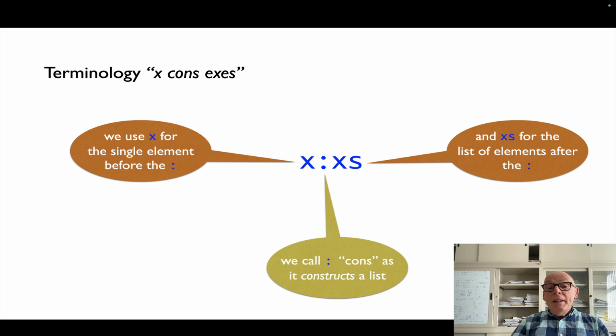So we're reminding ourselves that with an x in front, it's a single thing. With xs afterwards, it's potentially multiple things. It could be none, it could be one, but in principle it will be many things. And so typically when we write a pattern for a list like this, we'll write something like y before the cons and ys afterwards, or z and zs, and so on.